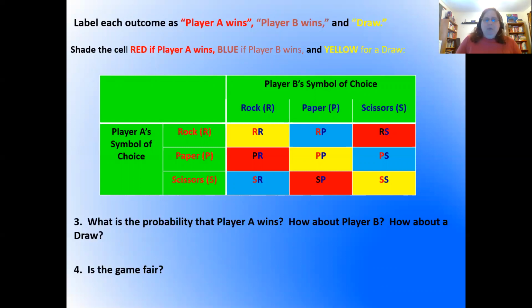So what's the probability that player A wins? Remember, to figure out a probability, we have to count up the number of successful outcomes over the total number of outcomes. So the number of reds over the total. Looking at this, I would say it's 3 over 9, or 1/3, or 0.33.